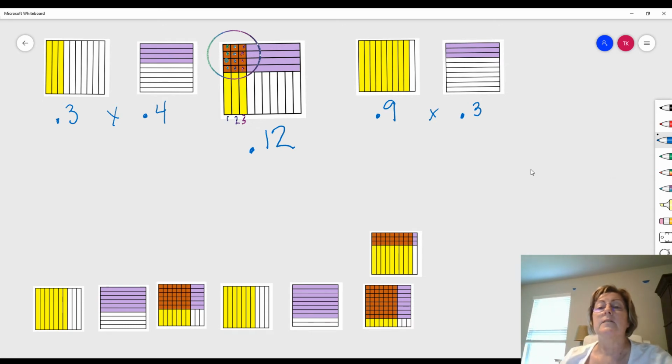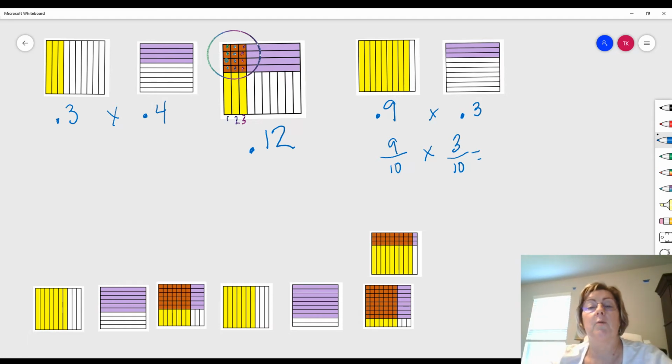So if it was a fraction, 9/10 times 3/10. Remember, when we multiply fractions, we multiply straight across. 9 times 3 is 27. 10 times 10 is 100. So my answer should be 27 hundredths.